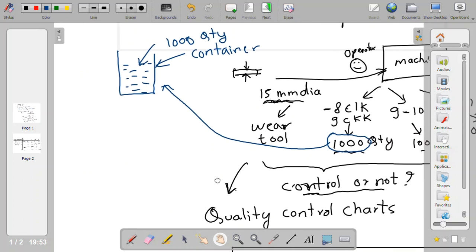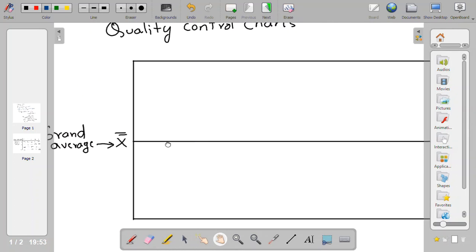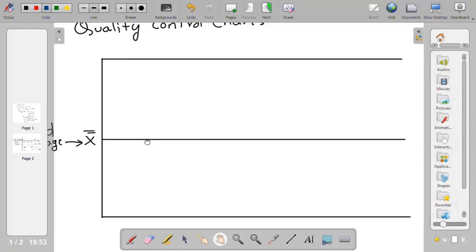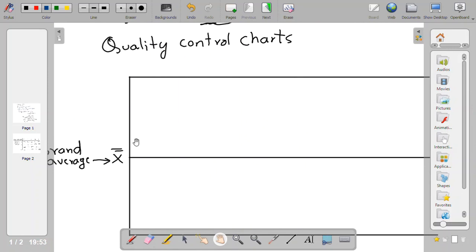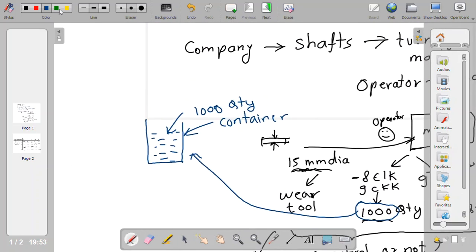In a control chart, in order to decide whether this process is in control or not, we are doing acceptance sampling. What are we doing in acceptance sampling? We choose some 5 samples from this container. It can be 5 or more, it depends on your company and your process.